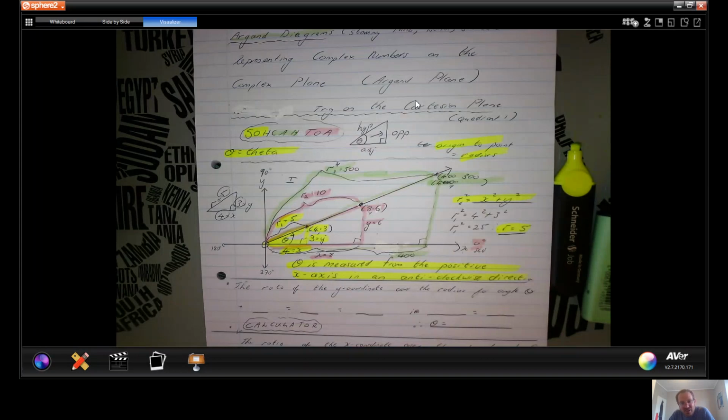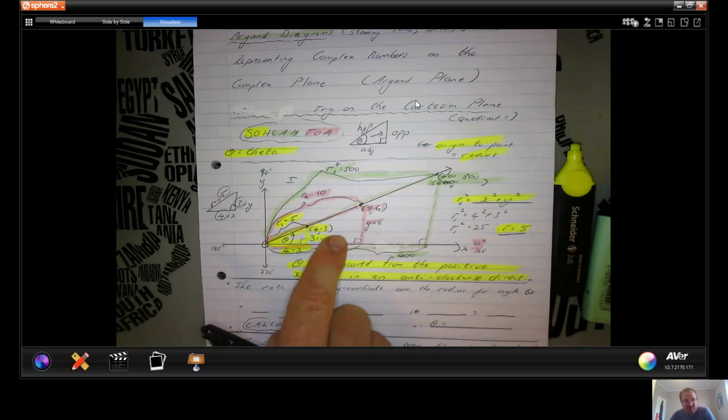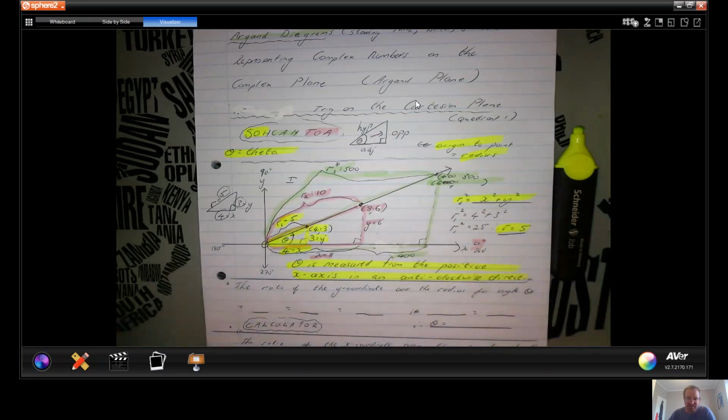So the key trick now: trig is the naming of ratios for a fixed angle. For a fixed angle, your ratios are going to stay the same.